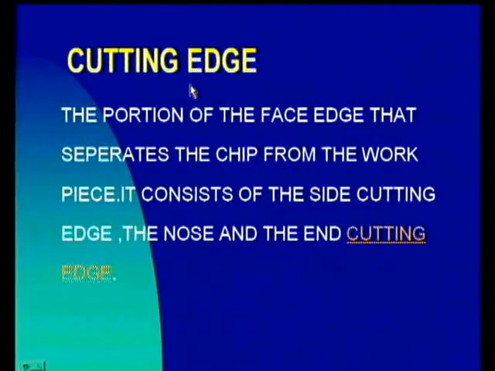So this is the cutting edge, the portion or the face edge that separates the chip from the workpiece. It consists of the side cutting edge, the nose and the end cutting edge. These 3 together, the side cutting edge, the end cutting edge as well as the nose, are called the cutting edge of a particular cutting tool.